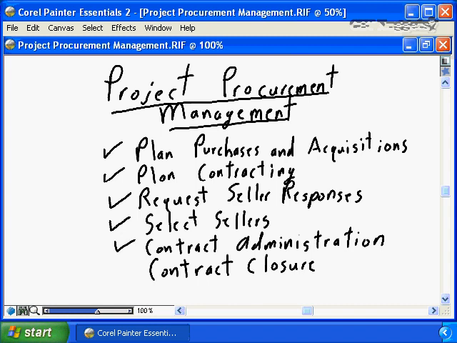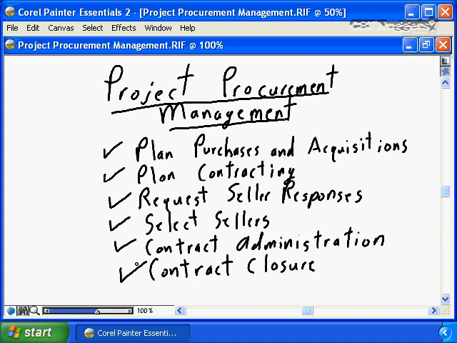Contract administration is the ongoing activities related to managing the contract, ensuring that all payments, all deliverables, all work produced as part of the contract for the project is properly handled and properly delivered throughout the project. And then finally, contract closing, dealing with the issues related to closing the contract, producing final payments, returning any goods, any proprietary material, and ensuring both the buyer and the seller are satisfied with the procurement process and that the contract has received what it needs to be successful.